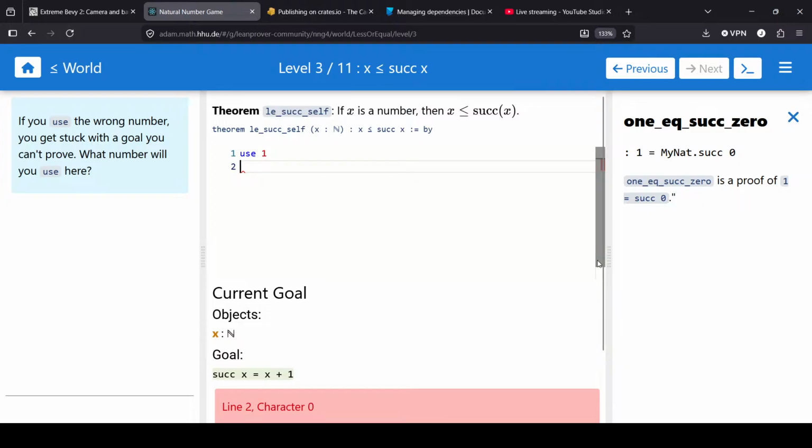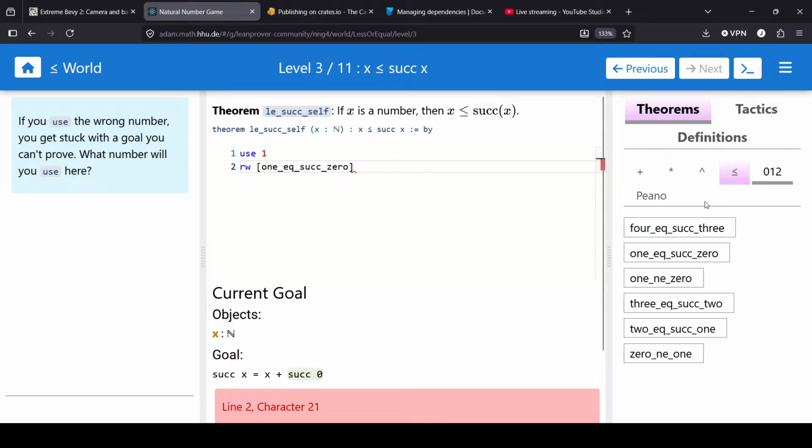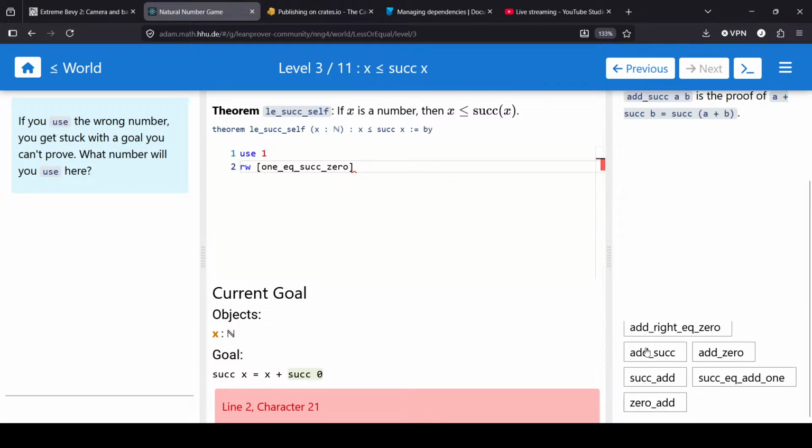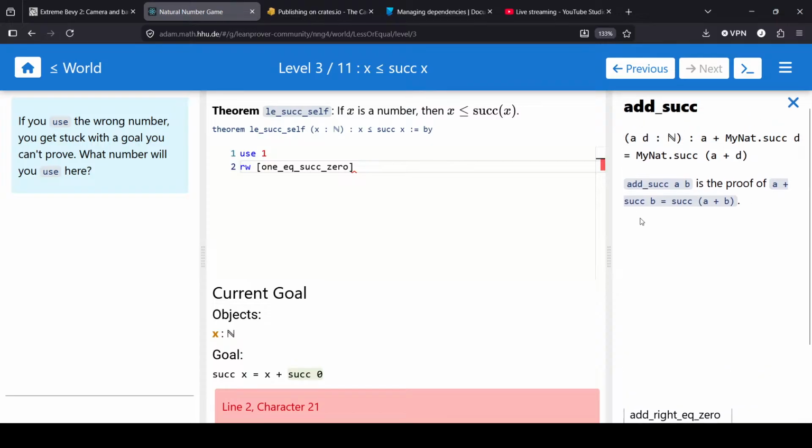Oh, how do I go from here? 1 equals suck 0. I feel like I just gotta try stuff, right? That gives me this. And then I can use add suck, I think. Something plus suck whatever equals. Yeah, so let's do this. This feels very roundabout.